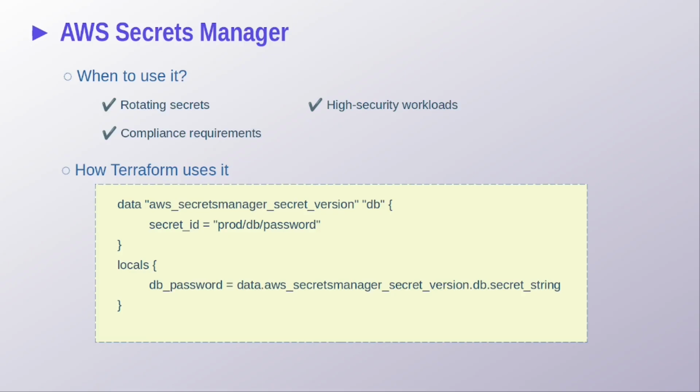Important understanding: Terraform reads the secret. Terraform does not generate it. Terraform does not rotate it. Security note: even when you use Secrets Manager, the secret value will still appear in Terraform state. So you must encrypt state and restrict access to state files. Secrets Manager helps, but it does not magically hide everything.